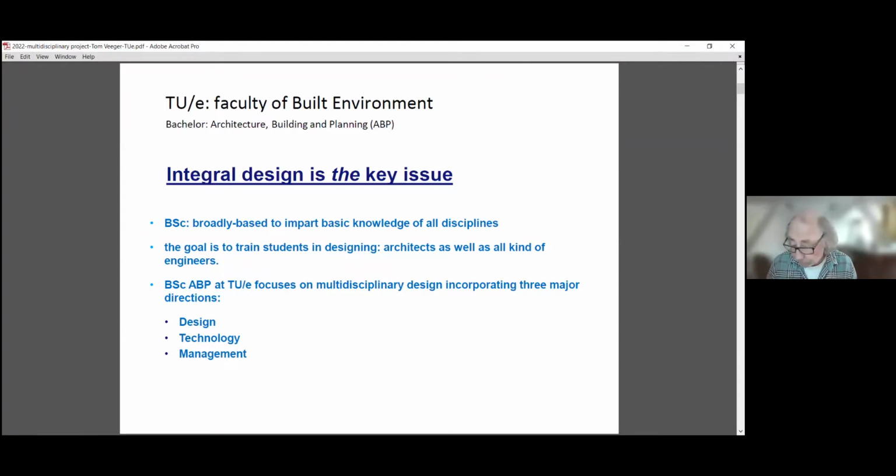Those who are familiar with our university know that we are quite diverse. If you look at the different disciplines that are brought together in our department, the number of disciplines is quite broad.